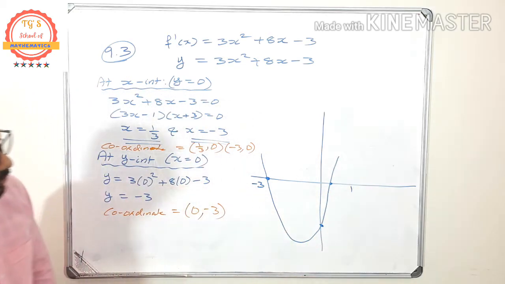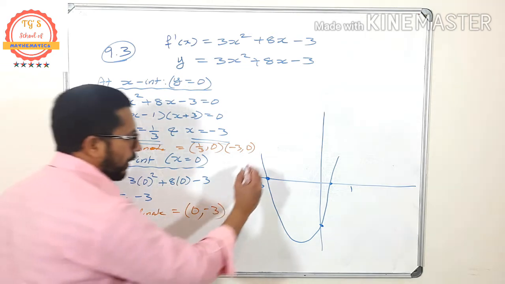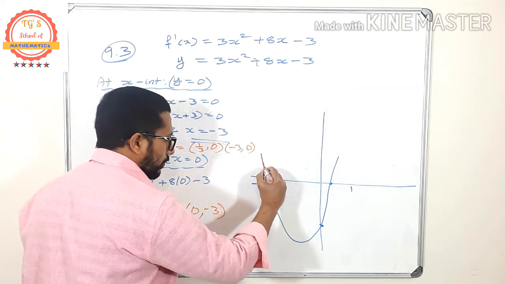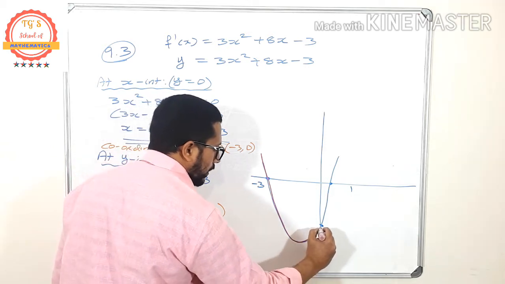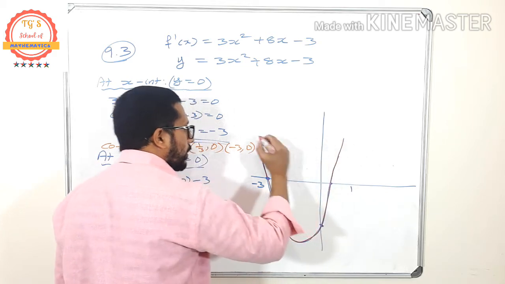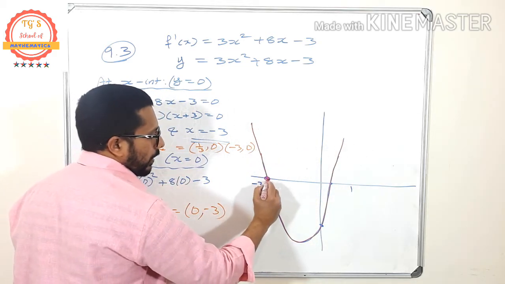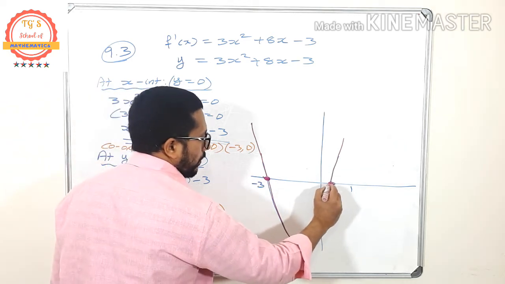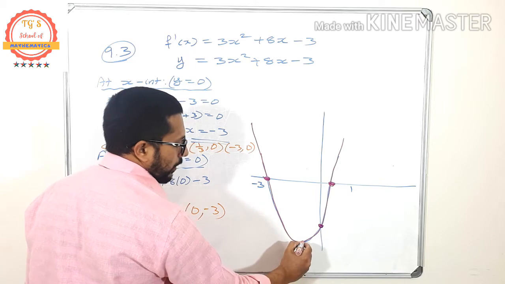Let me draw with another color. This is the y-intercept and this one is the next x-intercept, so this is the x-intercept, this is the y-intercept and this one is the turning point.